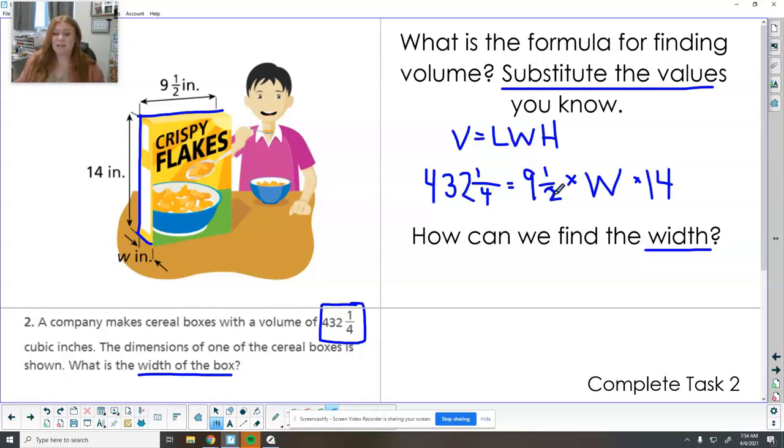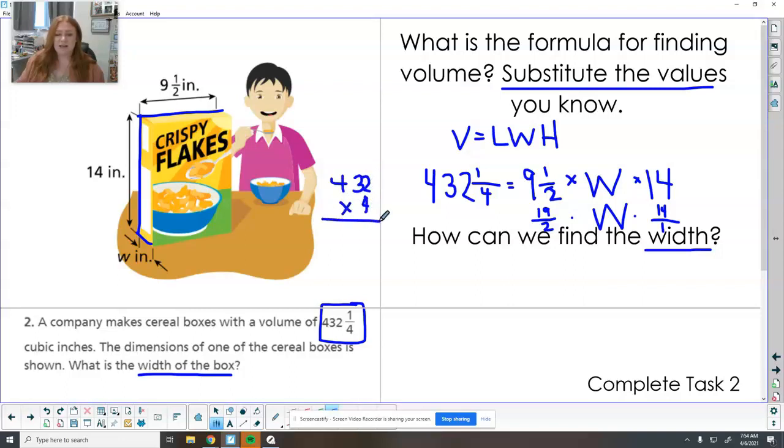So start with this one since it's a little easier. So 9 times 2 is 18 plus 1 is 19. So this is 19 halves. This is 14 over 1. We still just have W. So let's do this one, 432 times 4.